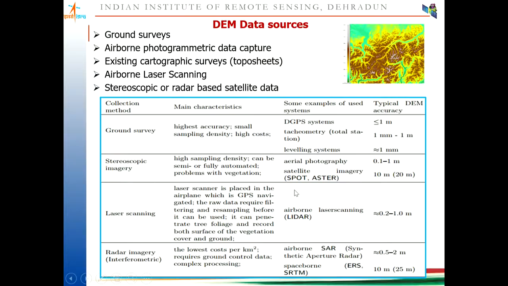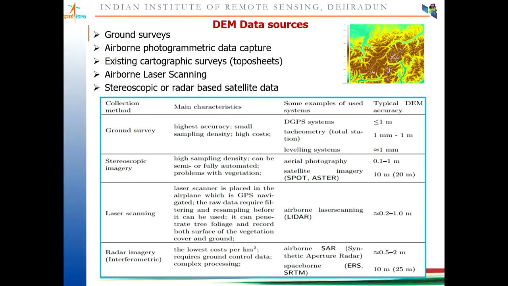What could be the sources of DEM? We can generate the height map through ground survey. We can generate it through airborne photogrammetric data capture, or 3D stereo aerial photographs. You can do it with a cartographic survey, for example topo sheets.